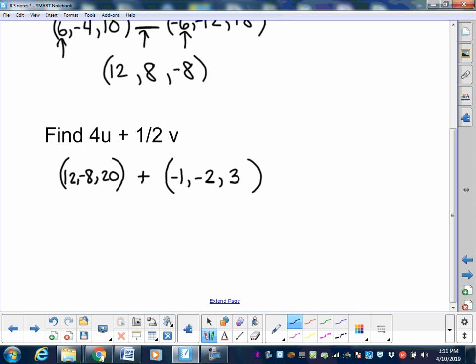If I'm going too fast, you can always pause it to check to see if my numbers are right. Now all I'm going to do is add these two together for my final answer. 12 and -1 makes 11. -8 and -2 is -10. 20 and 3 is 23. And that's it.